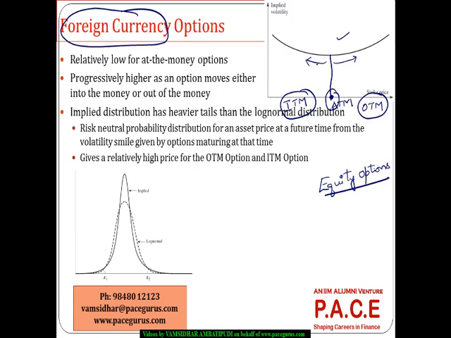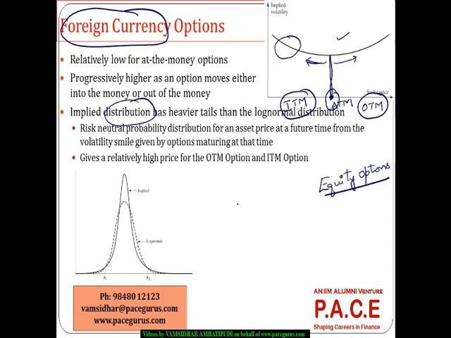So if I use this information and try to map it to the distribution of the underlying asset, here at the money the implied volatility is lower. Implied volatility being lower means the option price could be lower. But if you look at going away, in the money or out of the money, I could see the implied volatility is higher.